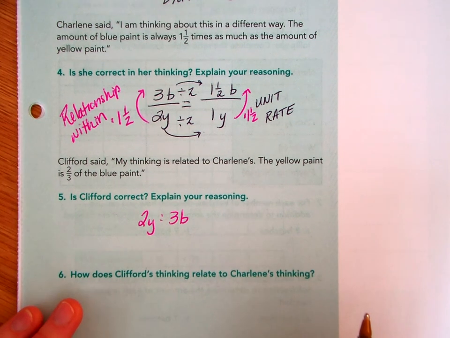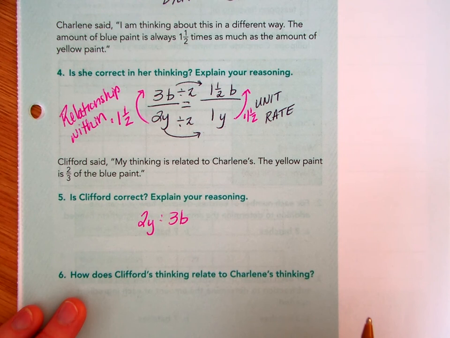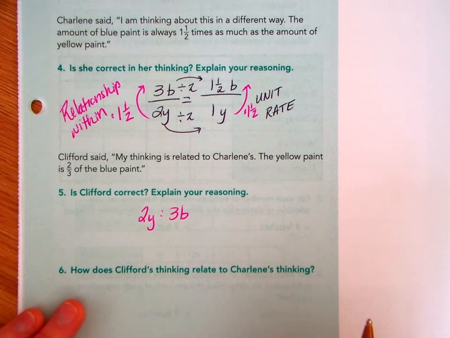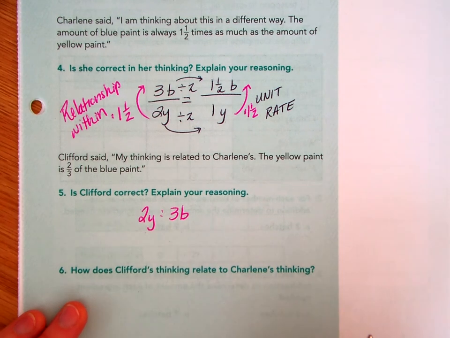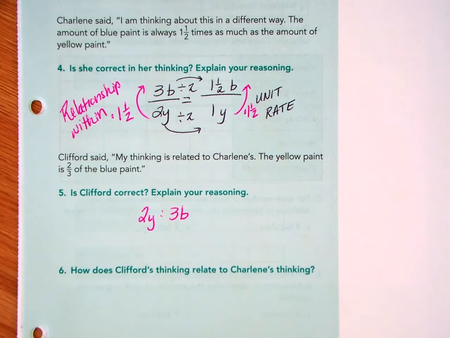How can we prove he's right? Do you have any ideas? The yellow paint is 2/3 of the blue paint. Clifford is correct. The ratio of yellow paint to blue paint will always be 2 to 3.